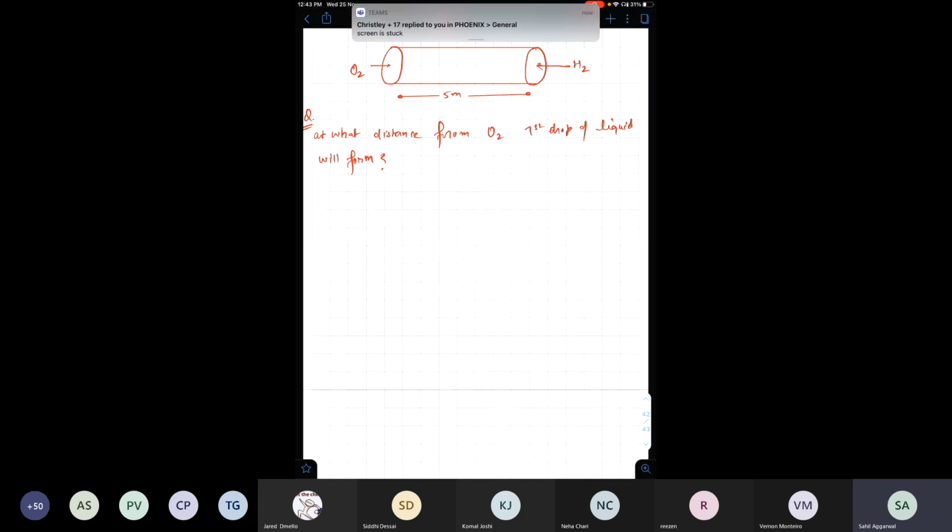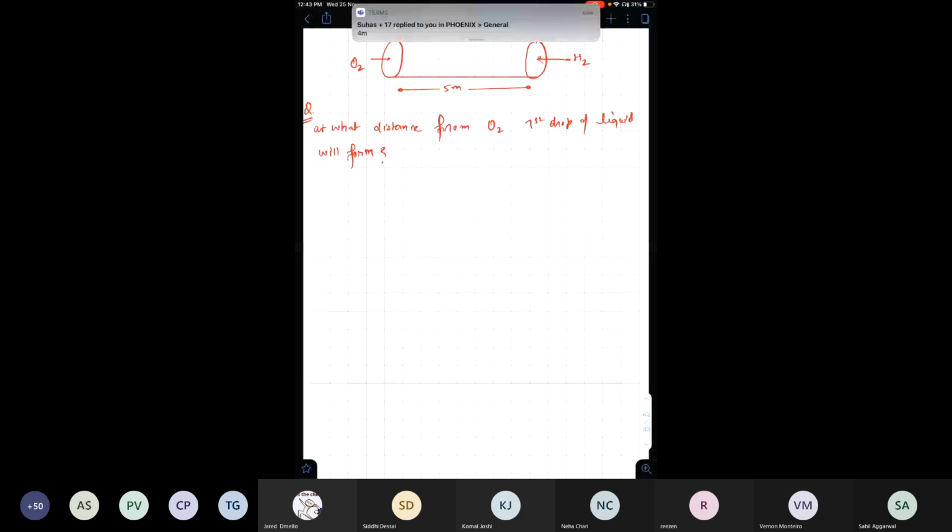Screen stuck for all. 4 meter from... 4 meter कहाँ से? From H2.